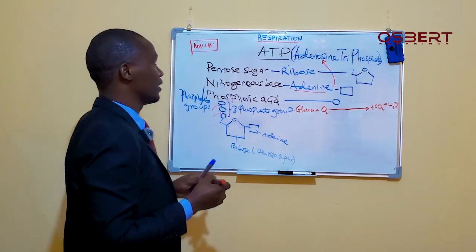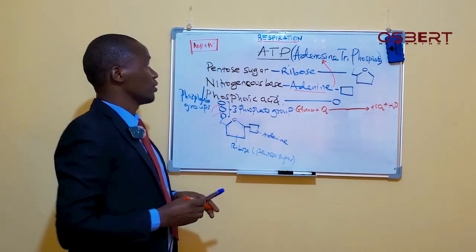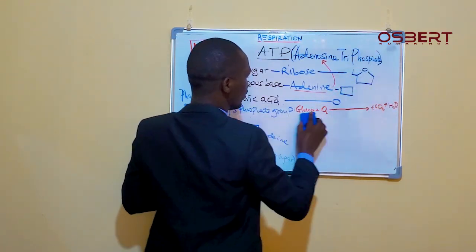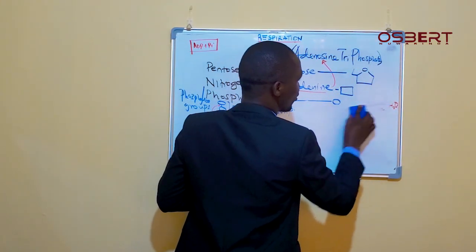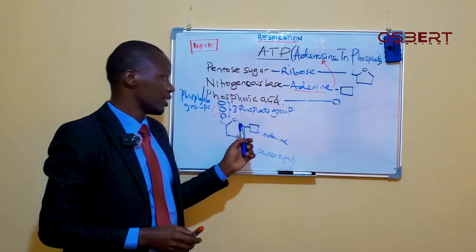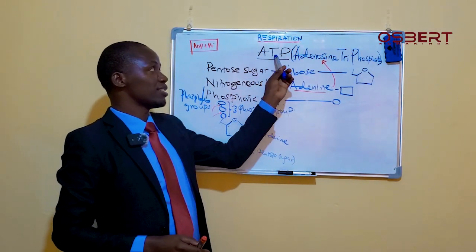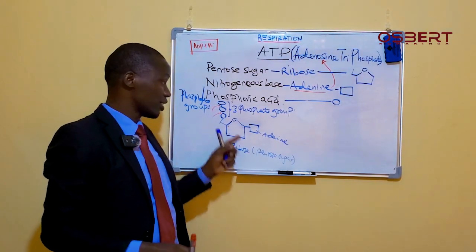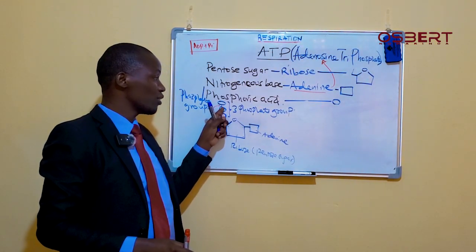ADP and Pi. Now, teacher, what are those? What are these molecules? Maybe before I go to all that, remember I've told you that ATP stores energy, and that the energy is kept in these bonds, especially the bonds between phosphates.